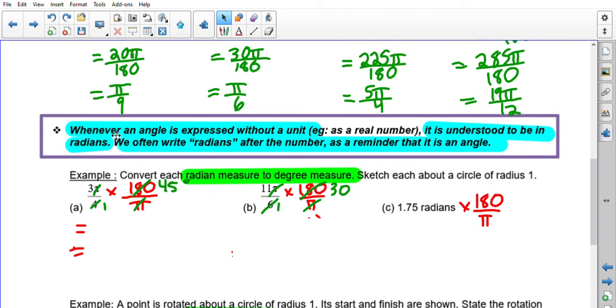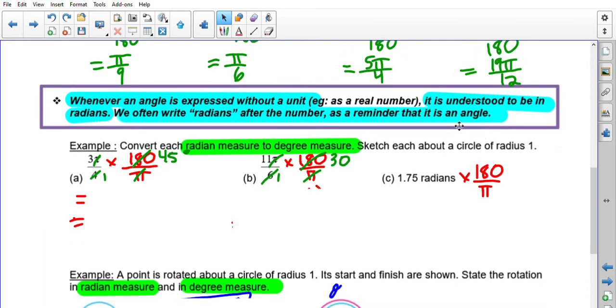All right, so remember, whenever an angle is expressed without a unit beside it, so just a number like 2, it is understood to be in radians. Okay, we often write radians after the number as a reminder that it's an angle. Okay, so basically what I said before on the previous page.